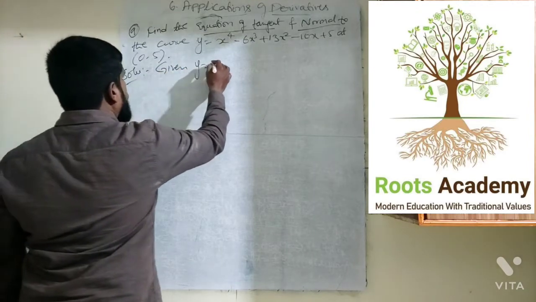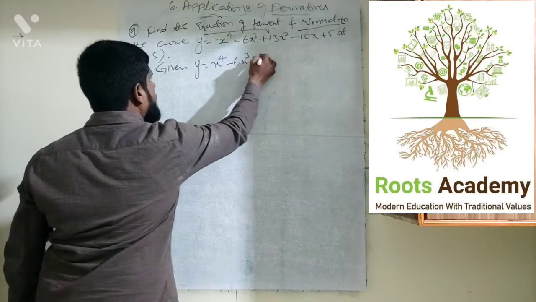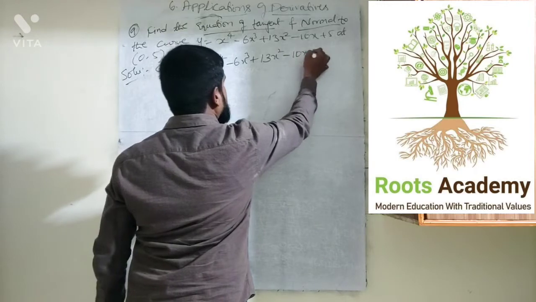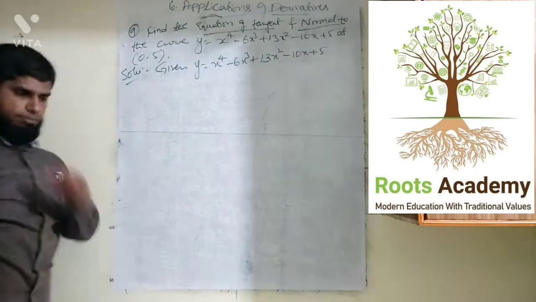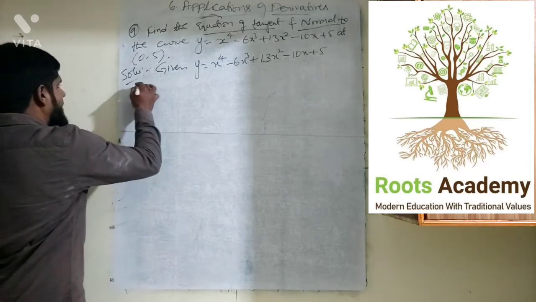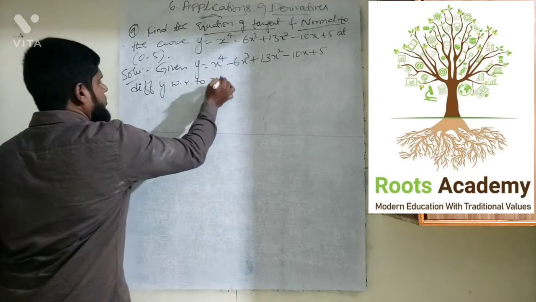Given y is equal to x power 4 minus 6x cubed plus 13x square minus 10x plus 5. Differentiate y with respect to x.